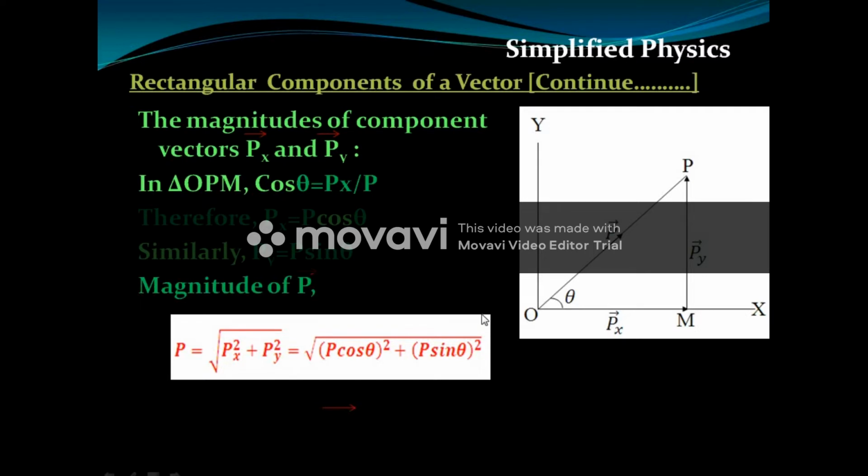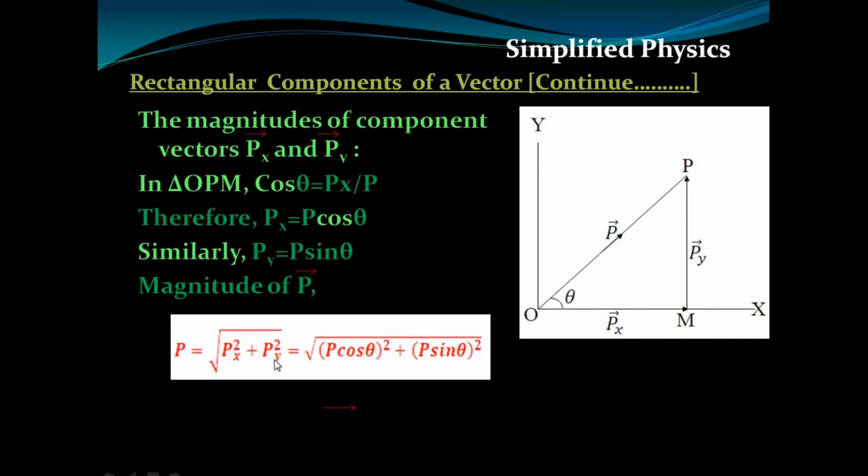So if two vectors are at right angles, the magnitude is the square root of Px square plus Py square, the two components of the vector. Simply Px equals P cos theta and Py equals P sin theta. In this way we can find the magnitude.